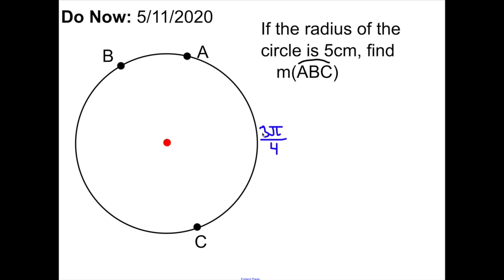If the measurement of arc AC is 3 pi over 4, meaning this represents 3 pi over 4 of the total, find in centimeters the exact measurement of ABC. Pause the video, solve the problem, then when you're ready, unpause, and you can see what I got.